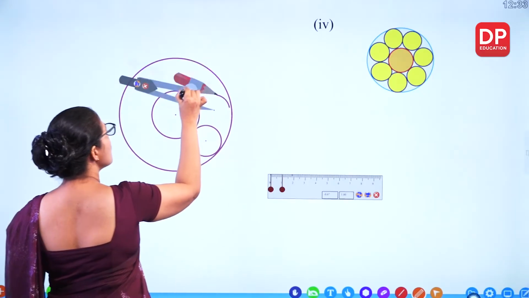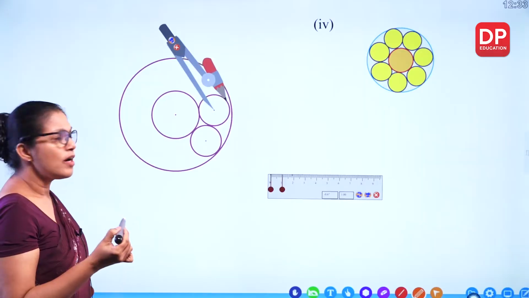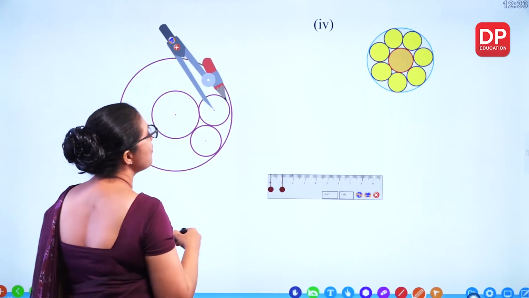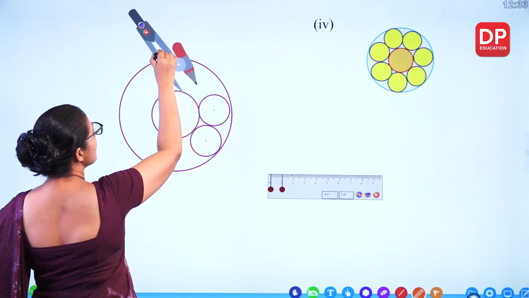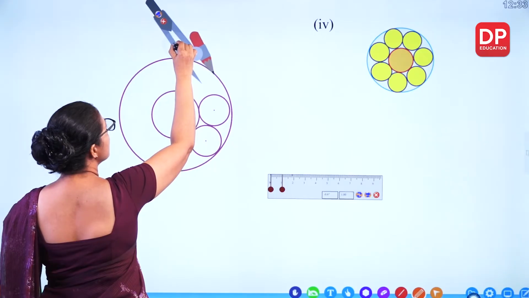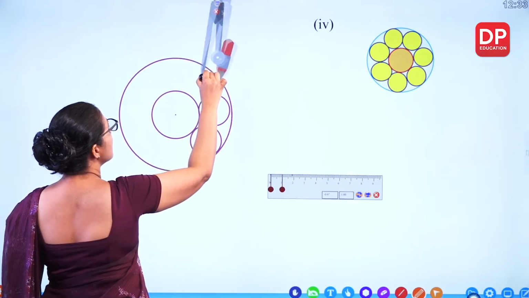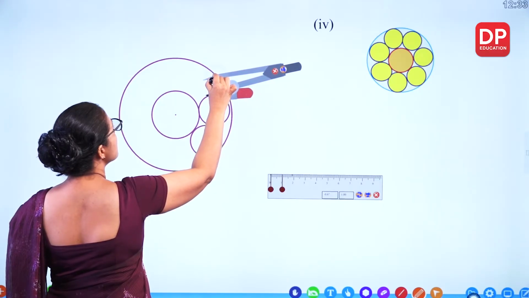Now it's better. So you can draw the other circle. So like this, you draw around this and then you can color it. I'm not going to draw all the circles.